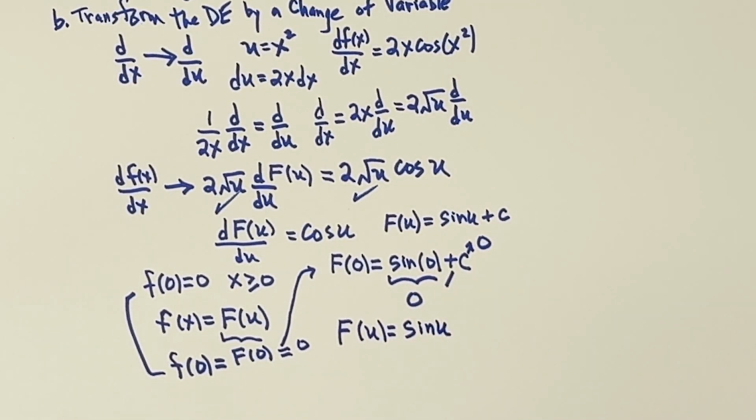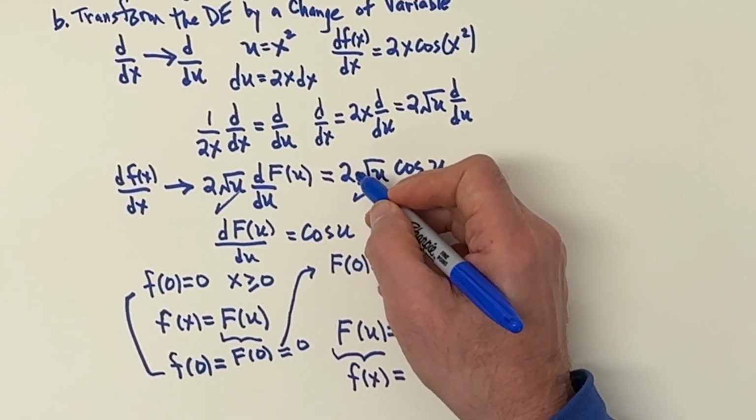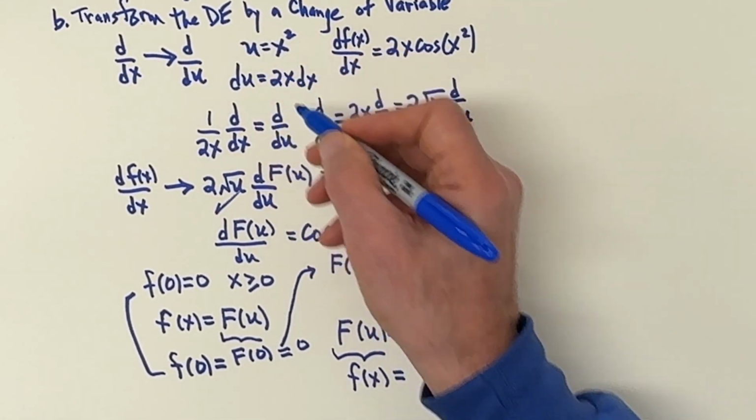And we're still not finished, because we would like to have the answer in terms of x. But see, capital F of u, you see it was wise to call these differently, because if they were the same, we would be totally confused at this point. But here we just simply write this like that, and then get rid of the u. We come looking for where, bingo, u is x squared.